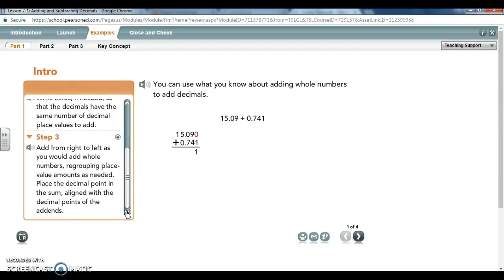In the next place, 9 plus 4 equals 13. Regroup. In the 10th place, 1 plus 0 plus 7 equals 8. Align the decimal point in the sum with the decimal points in the addends.